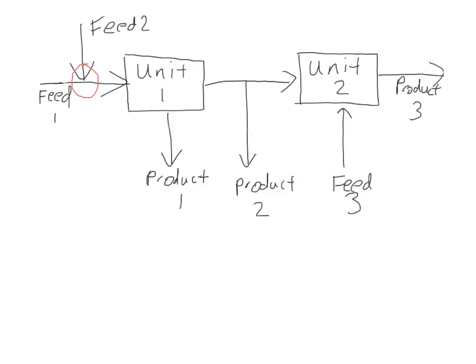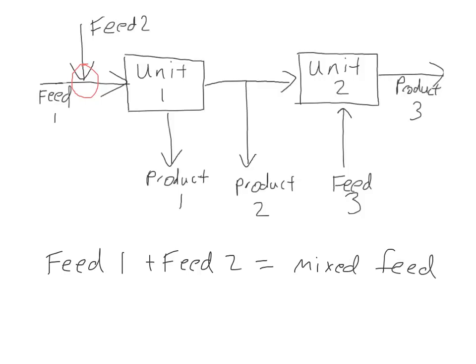If I look at the material balances around this little red circle, I would have the feed 1 plus the feed 2 is equal to what I'll call the mixed feed. And the mixed feed is what's actually going into unit 1.